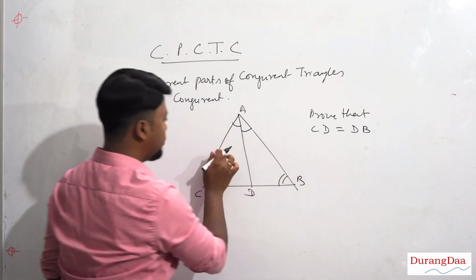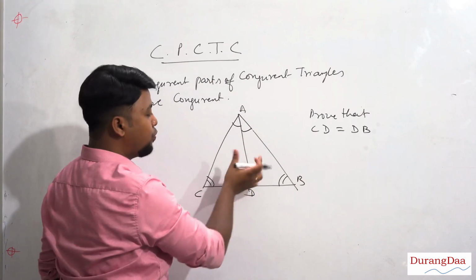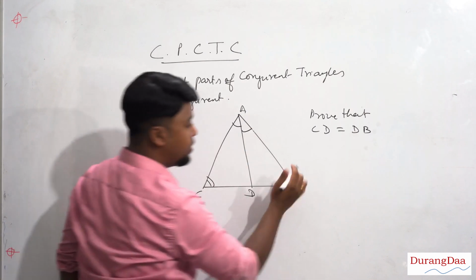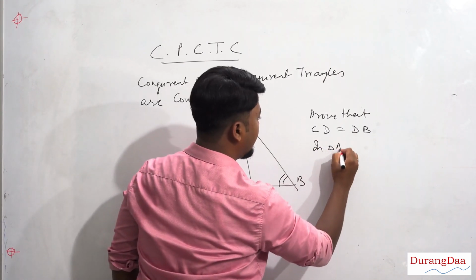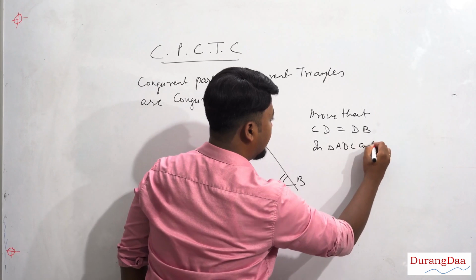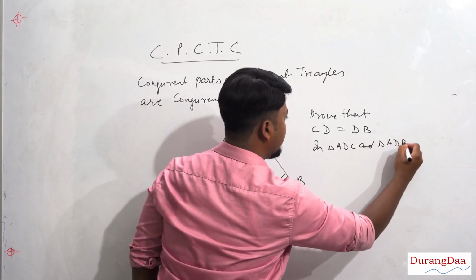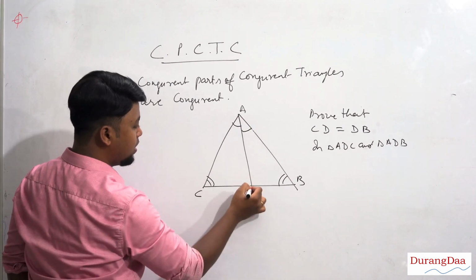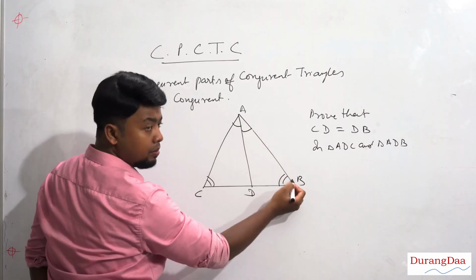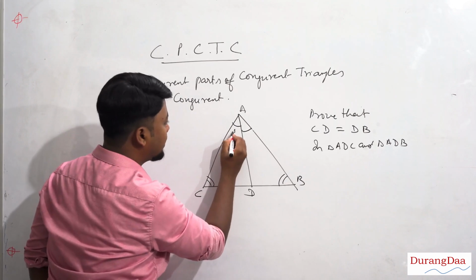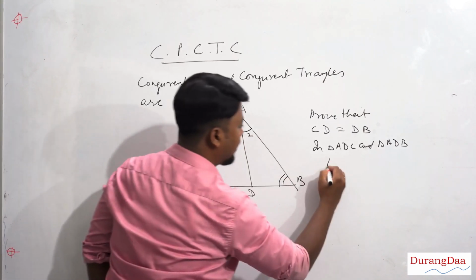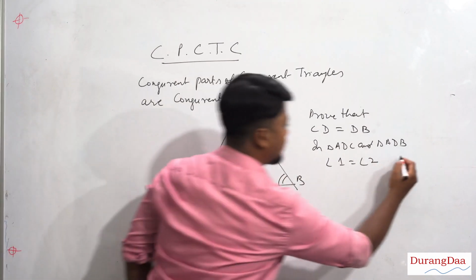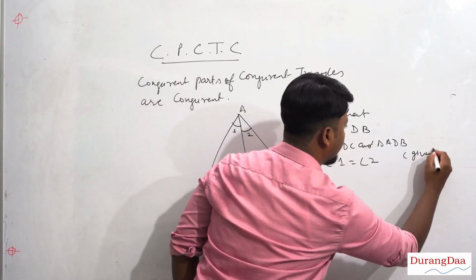First we will choose the two triangles we want to prove congruent, triangle ADC and triangle ADB. In triangle ADC and triangle ADB, angle CAD is equal to angle DAB. So I'll label them as angle 1 and angle 2. So angle 1 is equal to angle 2. No problems here. It is given.